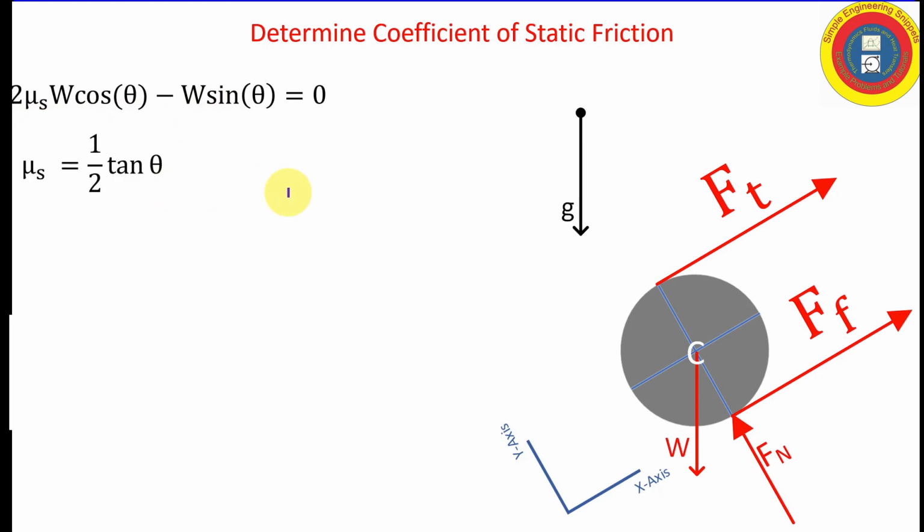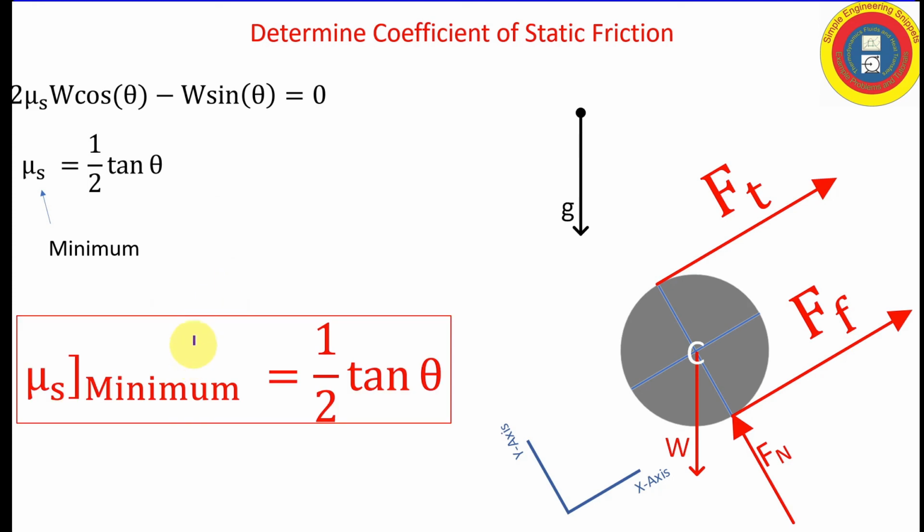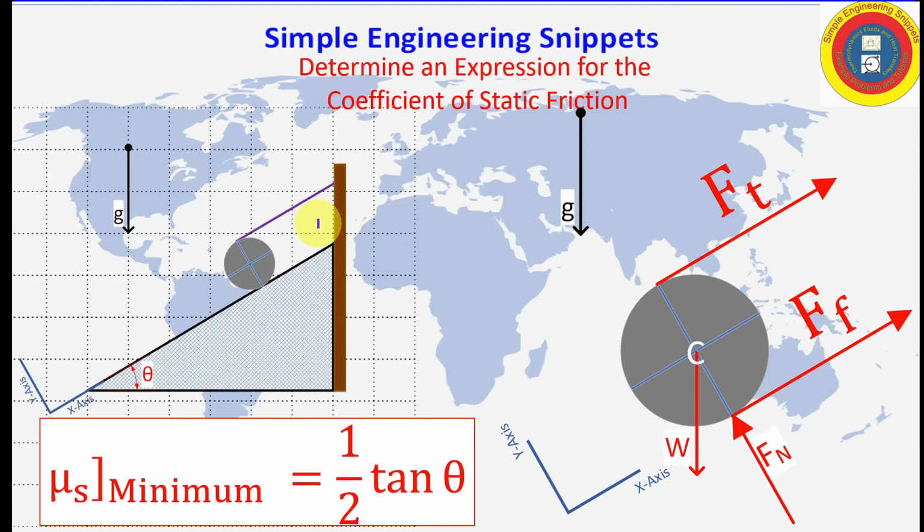And so we get that the static coefficient of friction is equal to 1/2 tangent theta. Keep in mind that that is a minimum. As the box equation says, the minimum static coefficient of friction necessary to sustain this equilibrium condition is 1/2 times tangent theta.